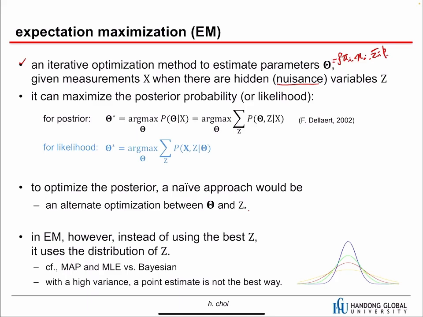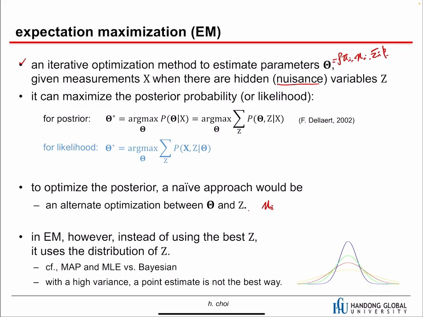Again, in the K-means algorithm, we had only one parameter, mu sub i, okay? And we didn't care much about the variance. So it's quite a simple model. And in the EM algorithm, however, instead of using the best z, it uses the distribution of z.